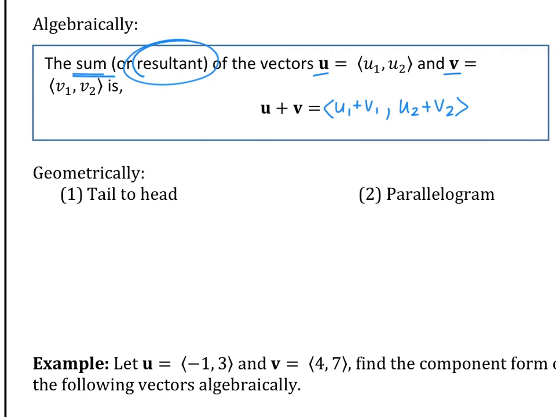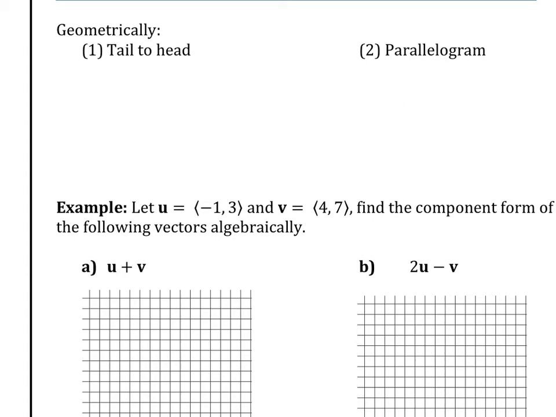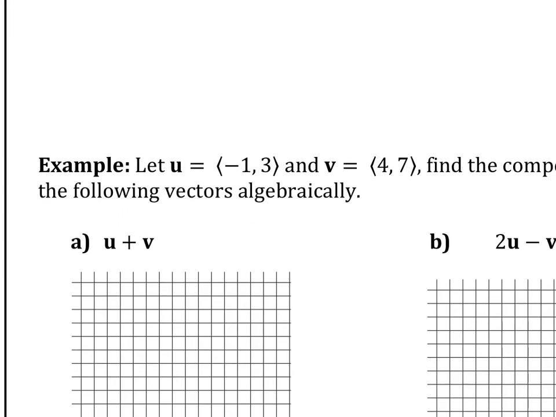Okay, so for example, we're going to do these algebraically first, and then I'm going to show you graphically. First, we're going to do u plus v. So u is (-1, 3), and v is (4, 7). And so we're going to add the x components together. So -1 plus 4 is 3. And then the y component is 3 plus 7, so that is 10. So the resultant vector is (3, 10).